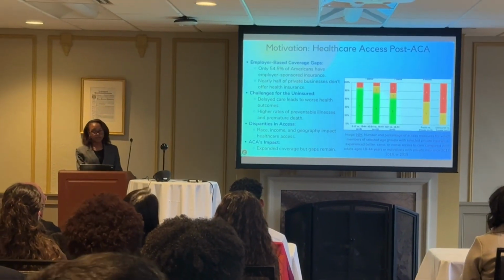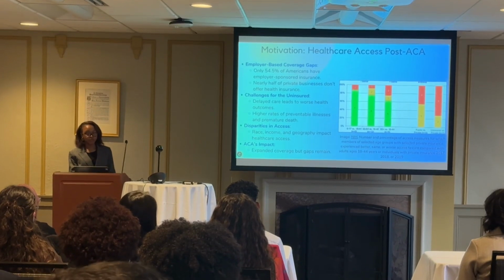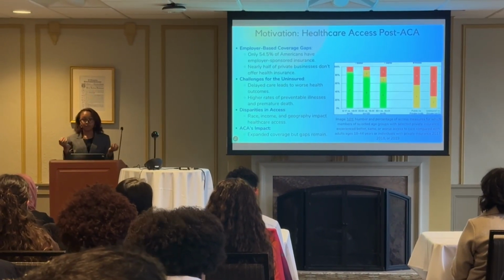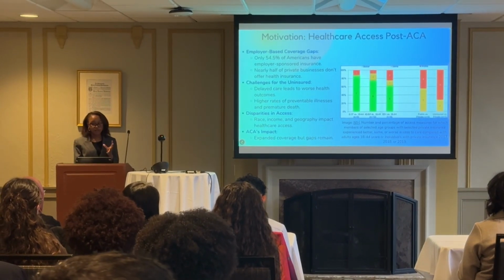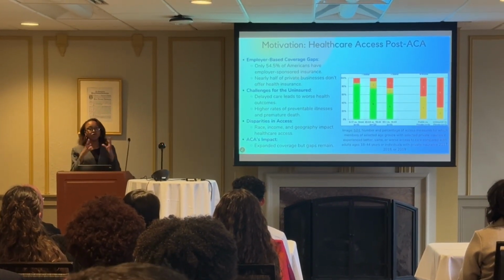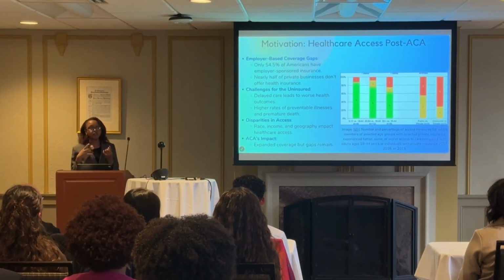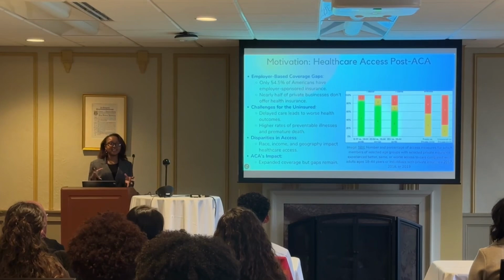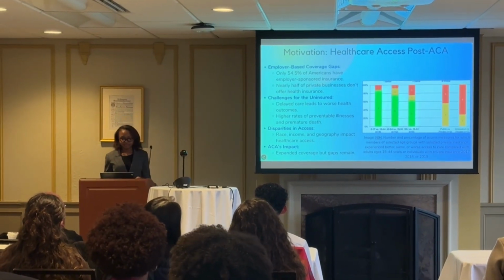And uninsured individuals have the highest proportion reporting worse access, which is just highlighting that there are these persistent coverage gaps. And so overall, this is suggesting that while the ACA improved overall coverage, young adults and uninsured populations are still facing these barriers to care.